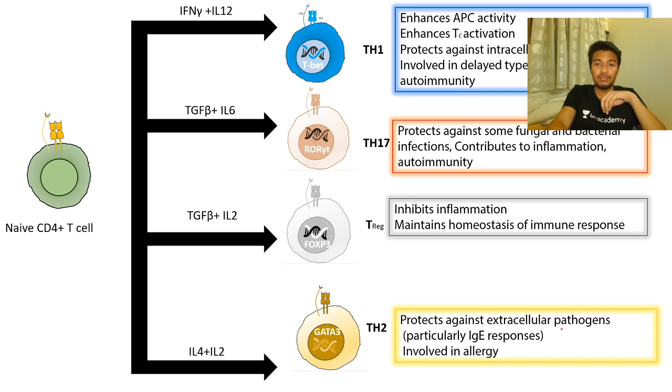Okay, so the take-home message is, depending upon what type of cytokines are secreted and what type of cytokines are experienced by this T cell, they are going to differentiate into different fates. Okay, either Th1 fate or Th2 fate, T regulatory fate or Th17 fate, and all have different functionality, but they are all CD4 positive T cells, naive CD4 positive T cells.